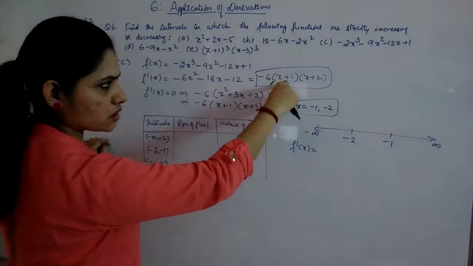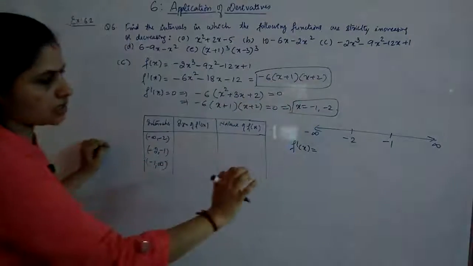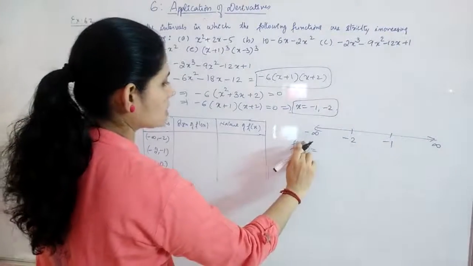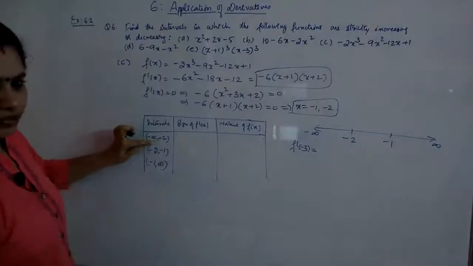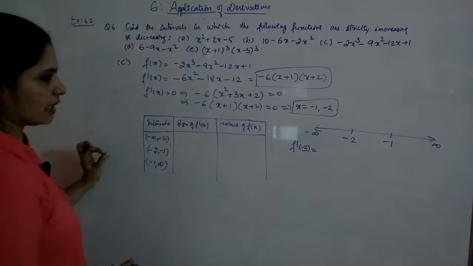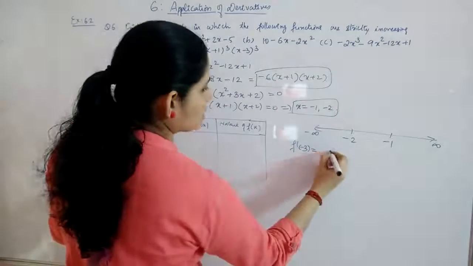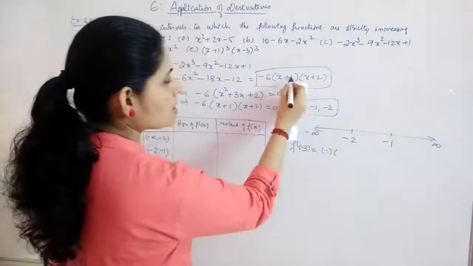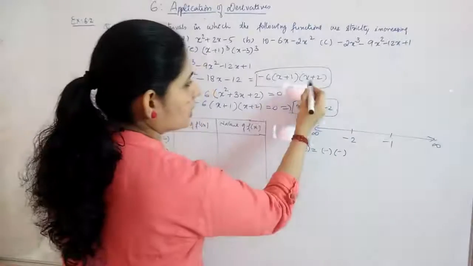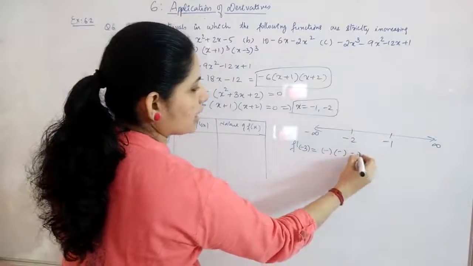What happens to this one? Like that we will see. So if I am taking minus 3 for your f dash of x, that is a point in between minus infinity and minus 2. The first term will be negative. Then you will have minus 3 plus 1, again negative. Then minus 3 plus 2, again negative.